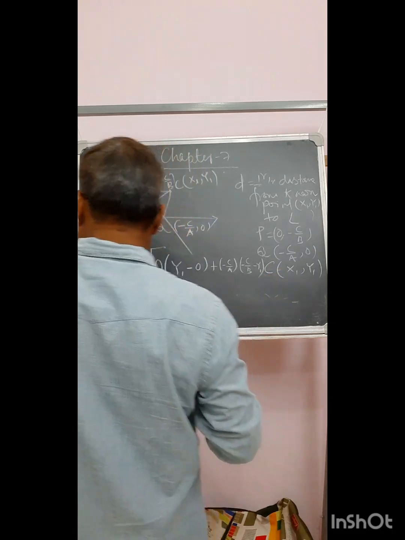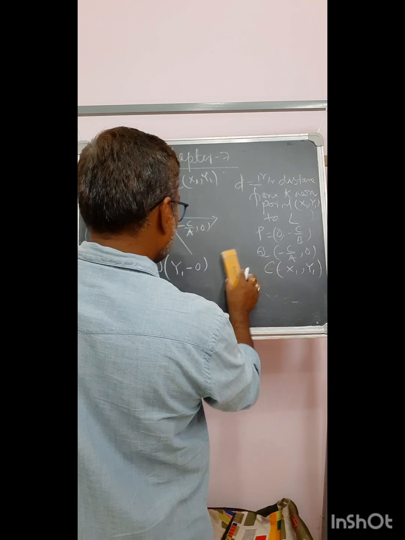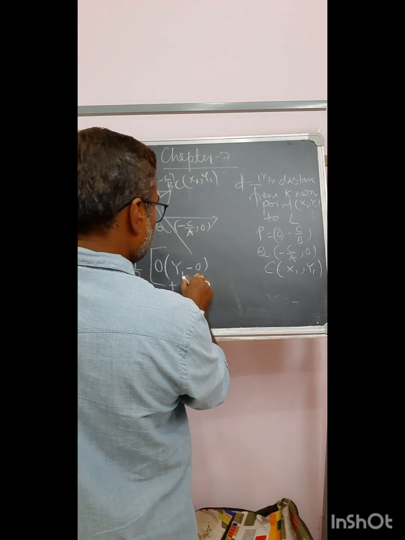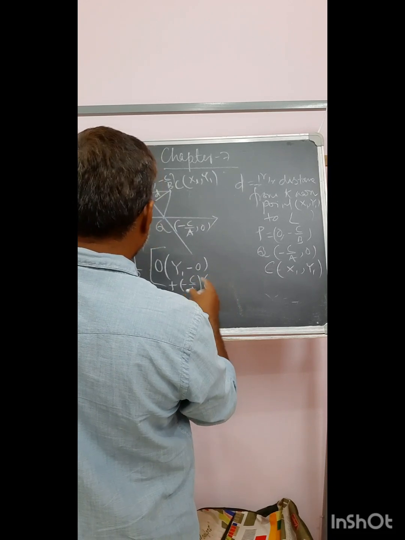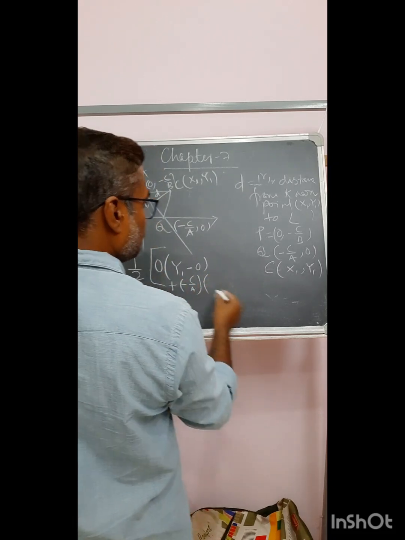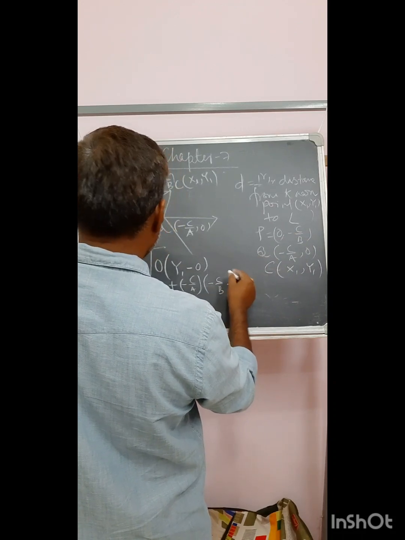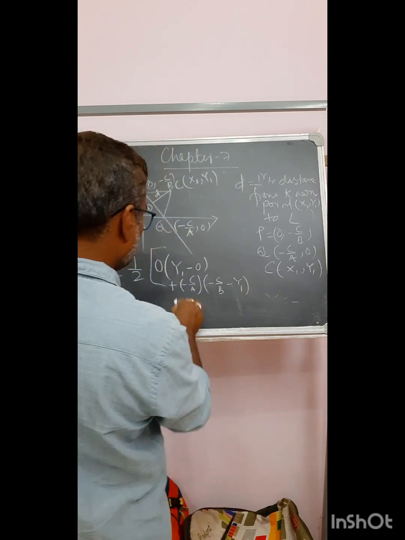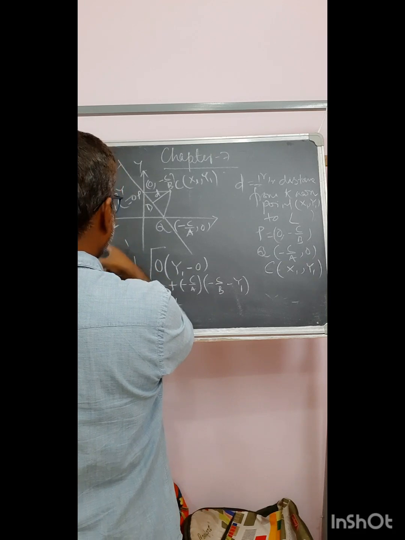Okay, I will write it here, plus x2, which means minus c by a, and y1 is equal to minus c by b minus y3, which is equal to y1. Okay, now the third term is x3.